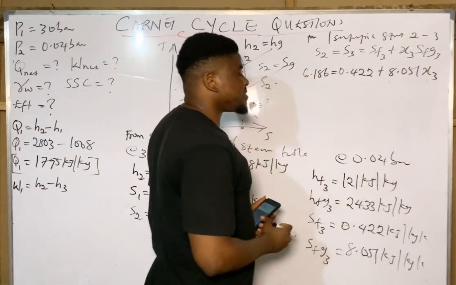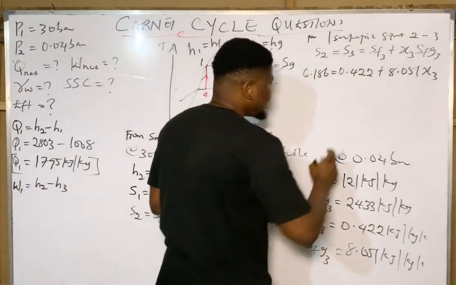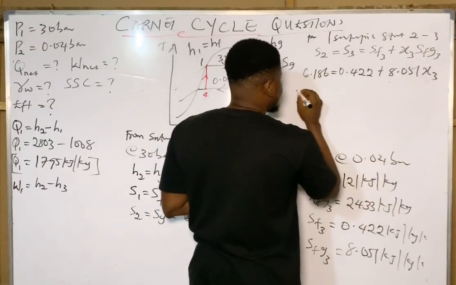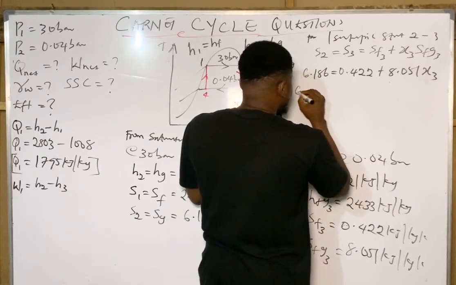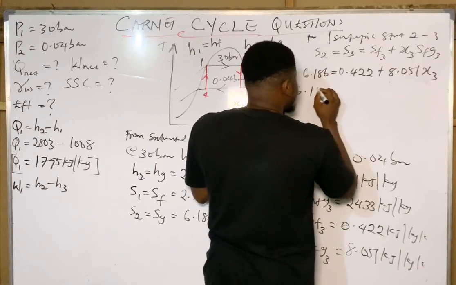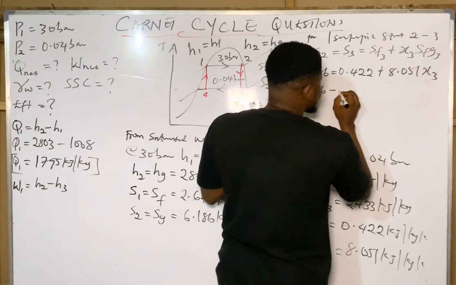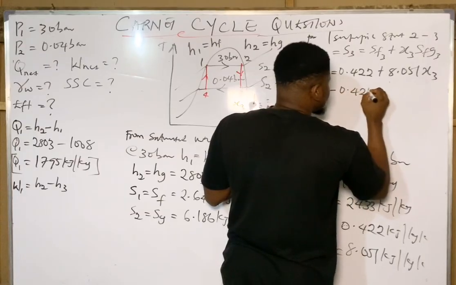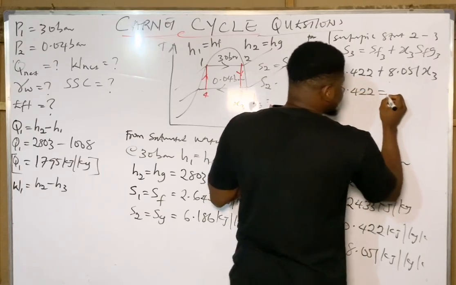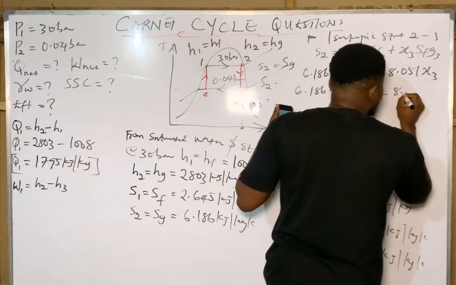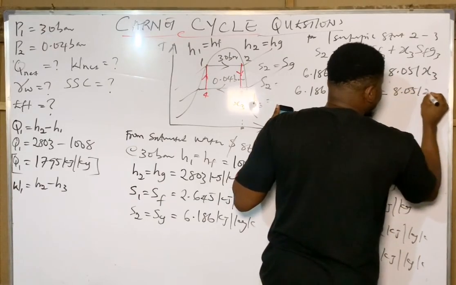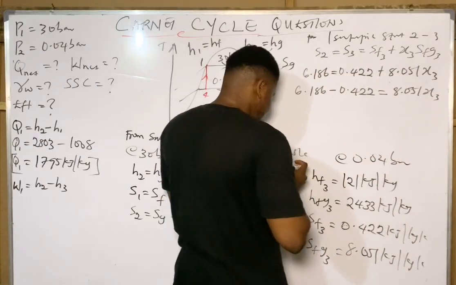From here we can find the dryness fraction at that point. So we have 6.186 minus 0.422 equal to 8.051 X3. So let's find this difference.